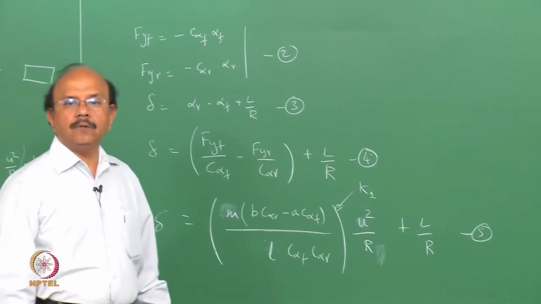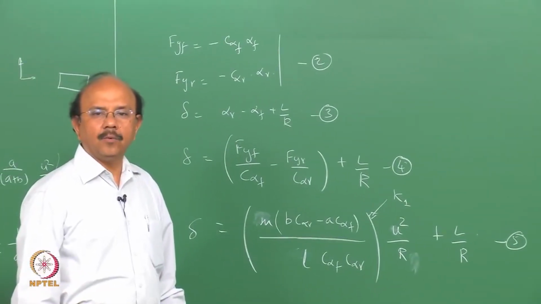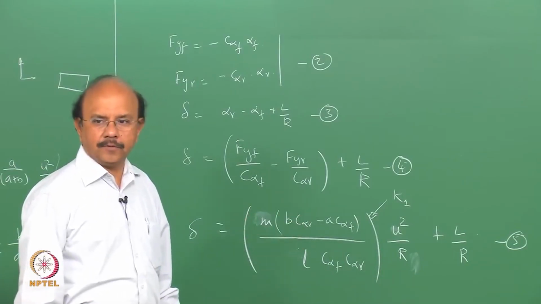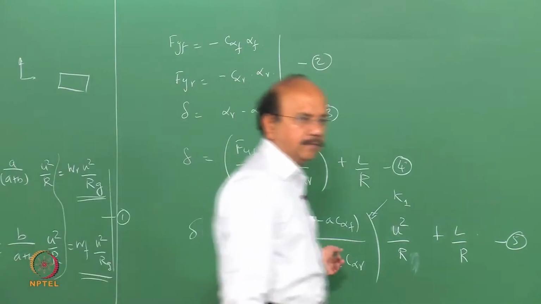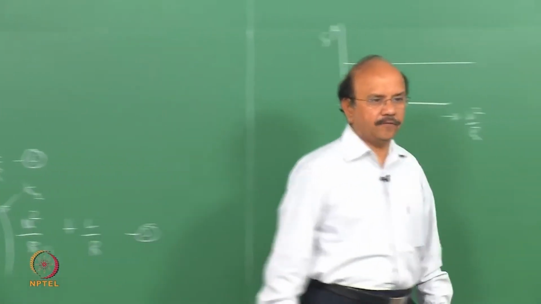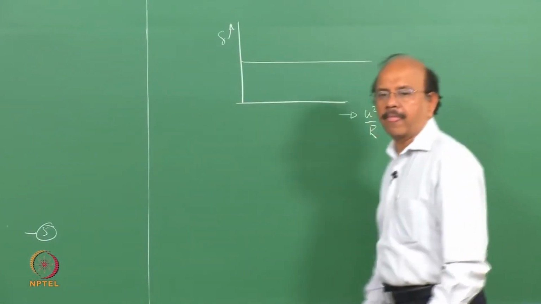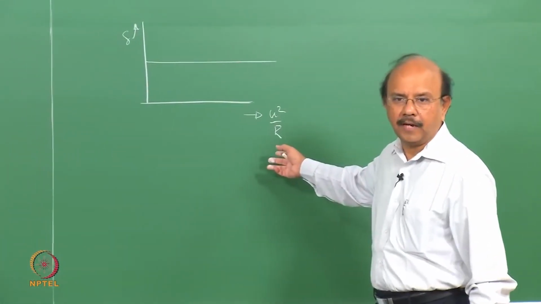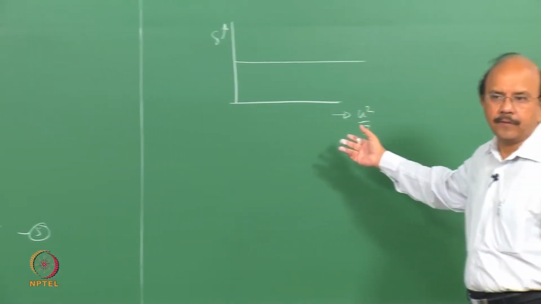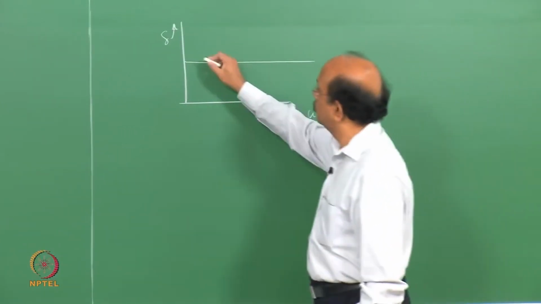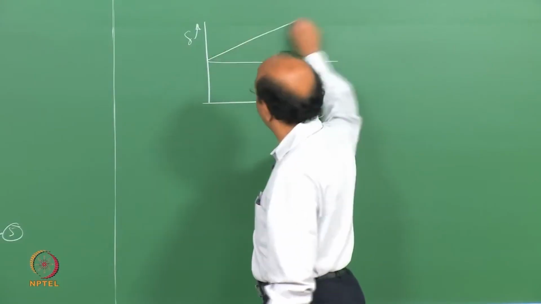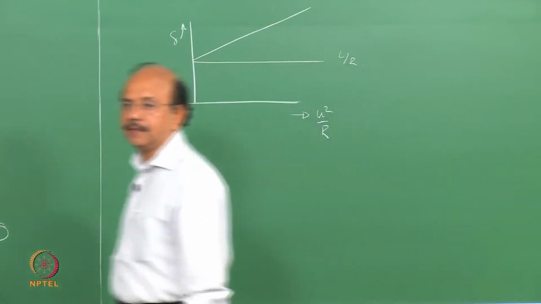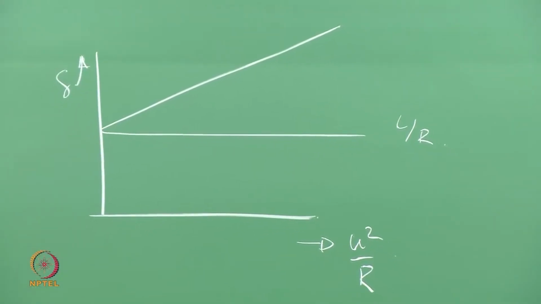Now, let us look at a condition where K is positive. So BC alpha R is greater than AC alpha F. Obviously, that's a straight line because I have plotted this as U squared by R. So what happens now? That straight line would keep increasing from L by R. So what does this mean?